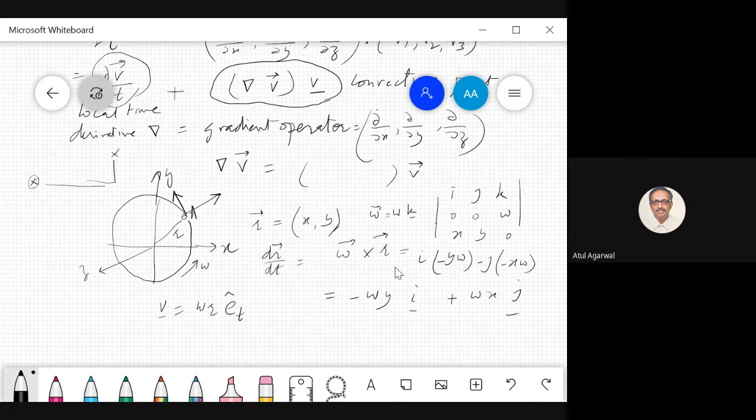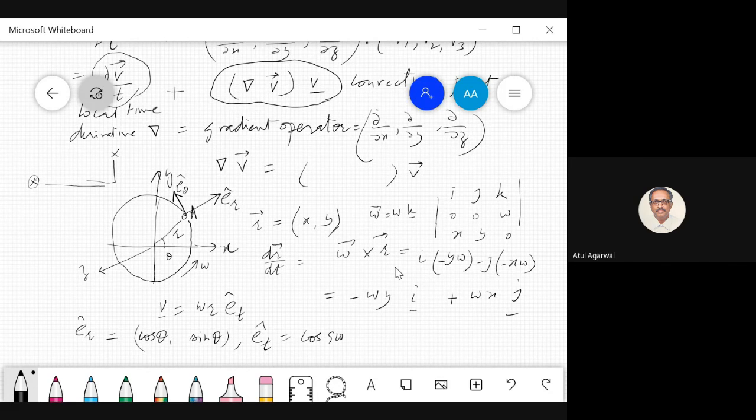What is this radial vector? We call it e_r. Tangential vector, we call it e theta or e tangential. So what is e_r? If this angle is theta, your e_r is cos theta, sin theta. What is the e tangential?